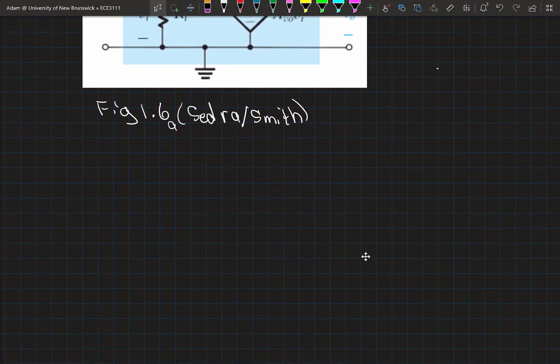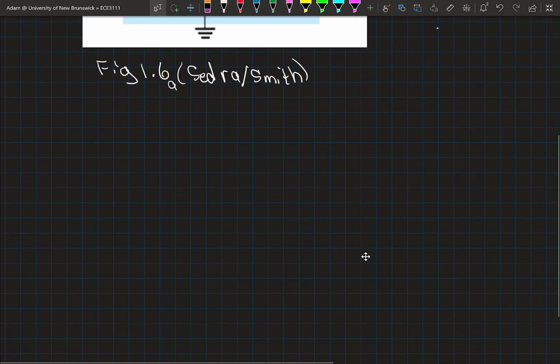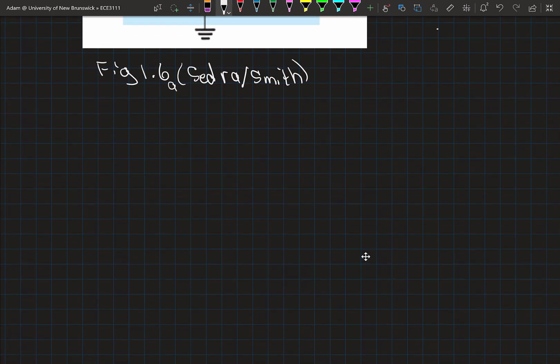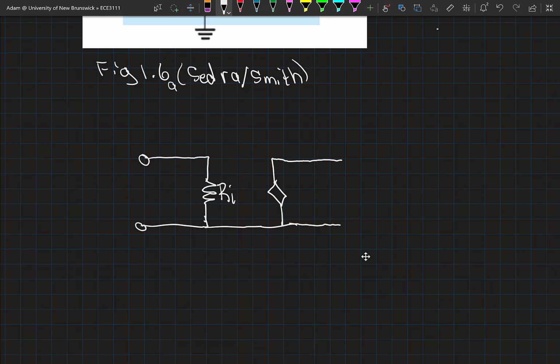Let's first analyze it just incorporating the input resistance. So taking the model from last day, and rather than having that input go into an infinite resistance, let's have it go into some resistance that we'll call Rin. We'll leave the output the same initially here with 0 output resistance, and the output voltage being a function of the gain times the input voltage.